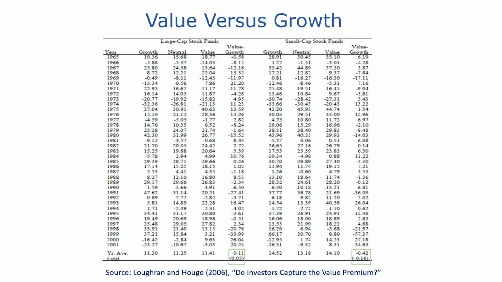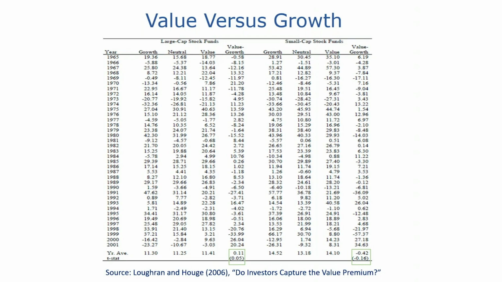Here's an interesting study by Loughran and Howe. What they did was they ranked all the existing funds out there by book to market. The top 25% they called value funds. The bottom 25% were growth funds.